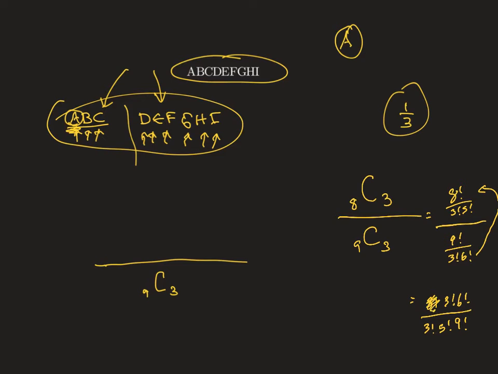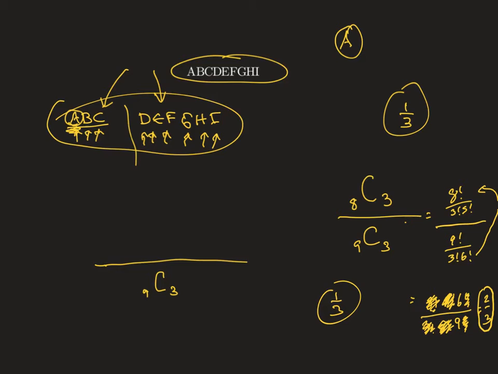The 8 and the 9 cancel, except you're left with a 9. The 3 and that 3 cancel. You're left with a 5 and a 6. 5 factorial cancels all of the 5 except for the 6, and it is 2/3. So you have a 2/3 chance of losing, which gives you a 1/3 chance of winning.